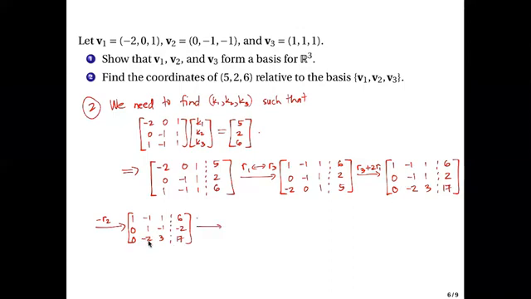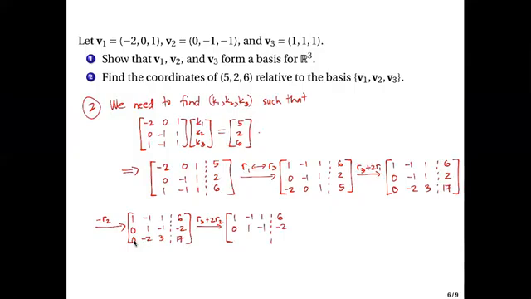So we will have R3 plus 2R2. So we will have 1, negative 1, 1. And then you have 6 in here. Here you have 0, 1, negative 1, negative 2.